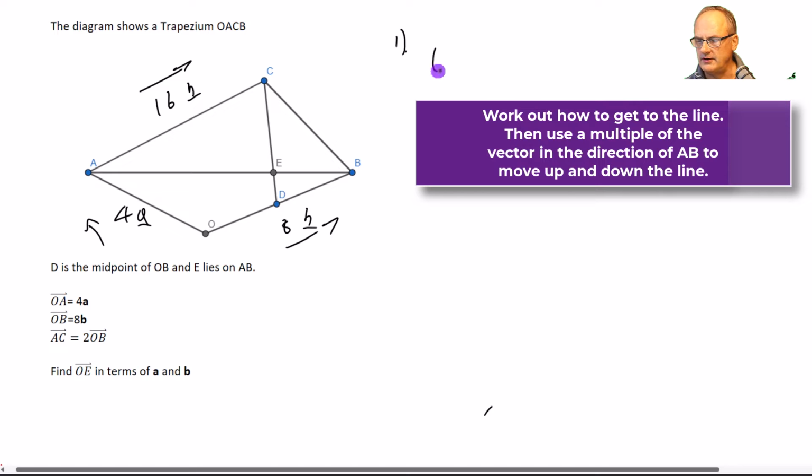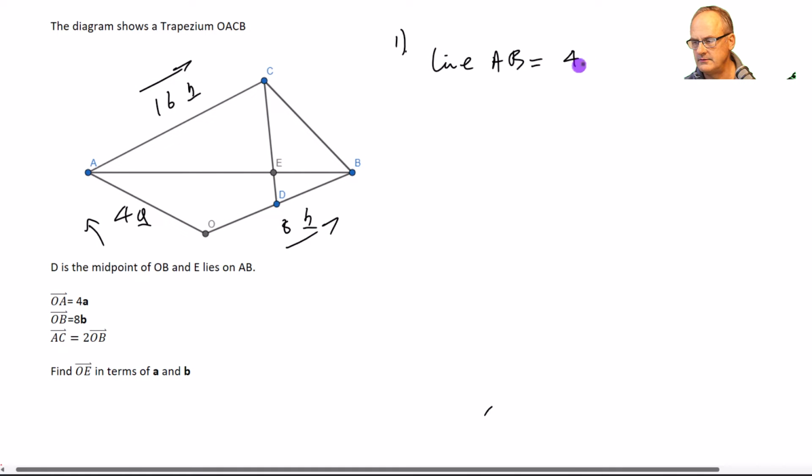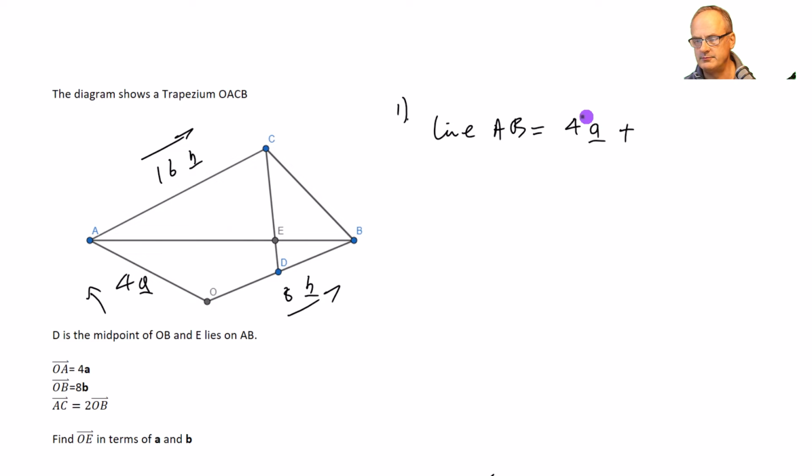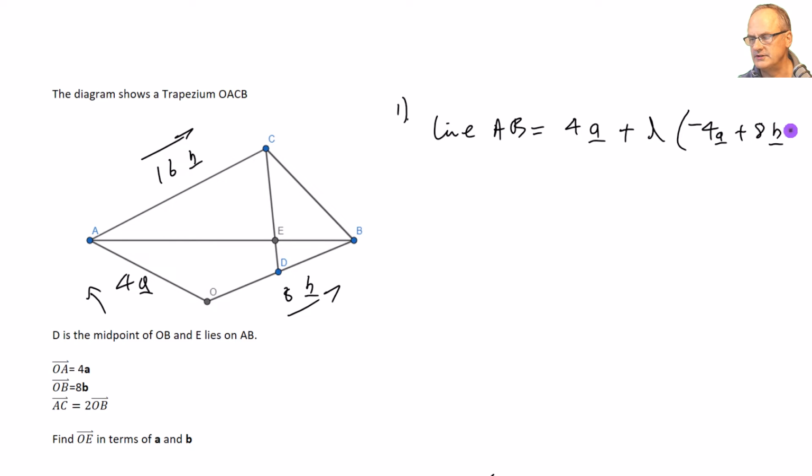So the line AB will be equal to 4A plus some multiple, remember we used lambda for our first one last time, of AB. Now AB is going to be minus 4A plus 8B. If you're doing this kind of question, you should be quite familiar with how to find AB.